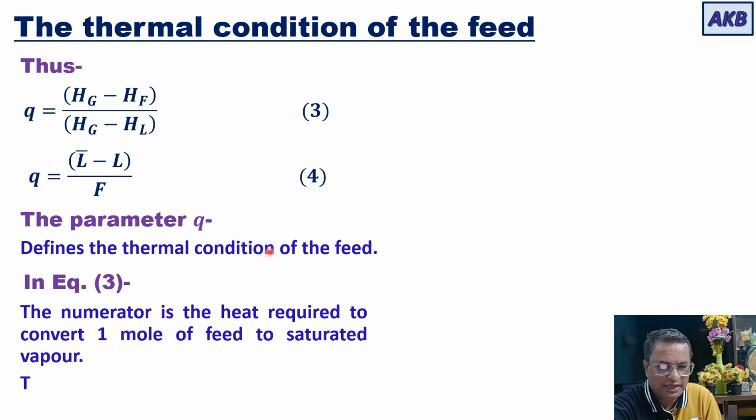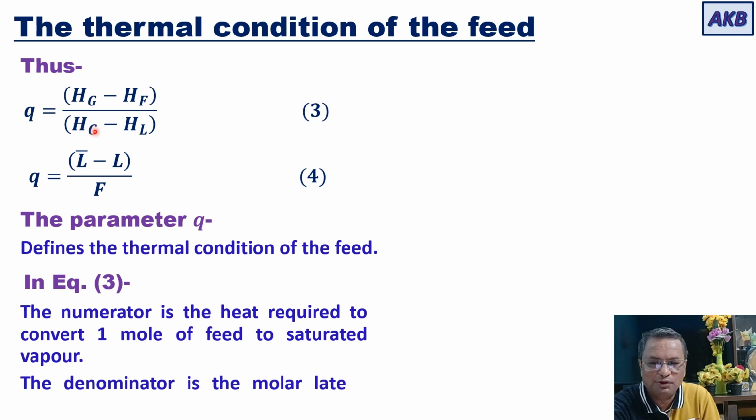Whereas the denominator, which is the difference between molar enthalpy of vapor and molar enthalpy of liquid, is nothing but the molar latent heat of vaporization. The denominator of equation number 3 is nothing but the molar latent heat of vaporization.